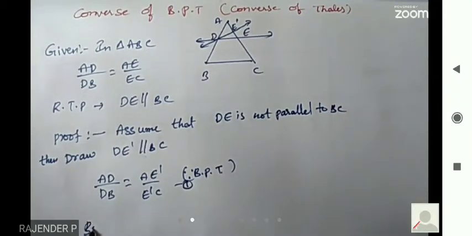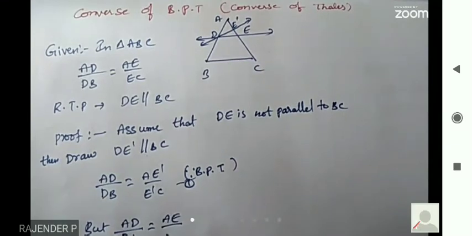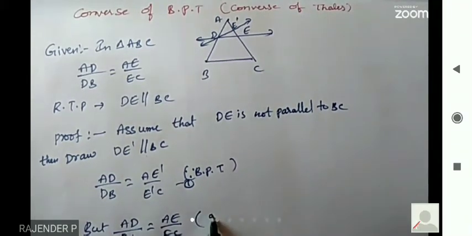But we know that AD by DB is equal to AE by EC, since it is a given thing. Take this as the second equation.